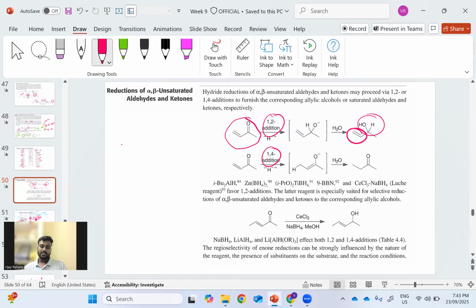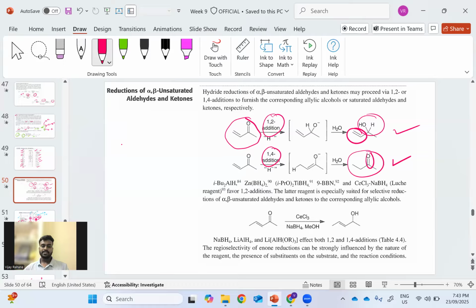And if 1,4 fashion addition takes place, we get the double bond reduction and keep the carbonyl group intact. Sometimes we require reduction of the double bond, or sometimes we want to keep that double bond. Only reduction of the carbonyl is, let's say, our desired product. In that case we need to choose the reagent combination.